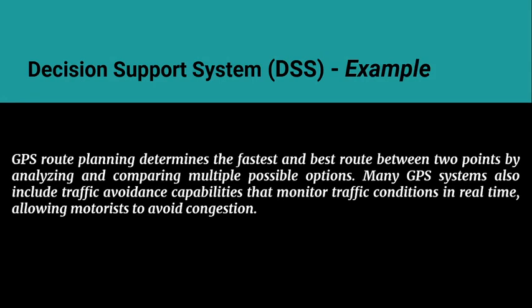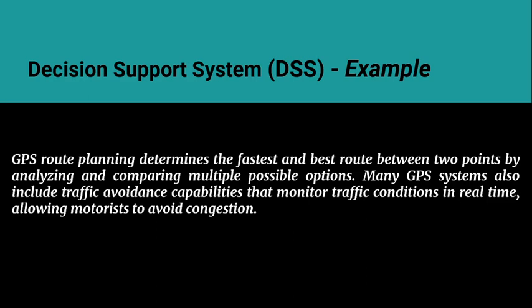Here it's saying GPS route planning determines the fastest and best route between 2 points by analyzing and comparing multiple possible options. Many GPS systems also include traffic avoidance capabilities that monitor traffic conditions in real time, allowing the motorist to avoid the congestion.